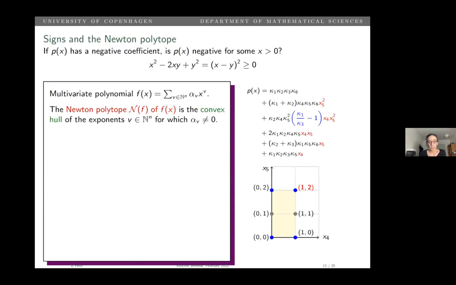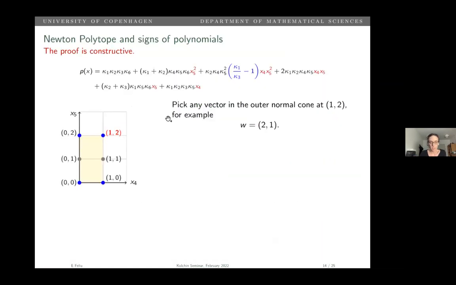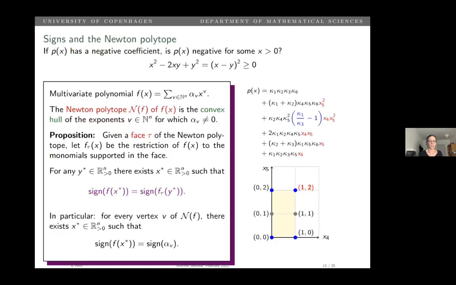You take the Newton polytope of your polynomial, which is the convex hull of the exponents appearing in the polynomial. And then there is this result that says, maybe let's focus on the last one. If I have a vertex of the Newton polytope, then the polynomial can attain the sign of the coefficient corresponding to that vertex.